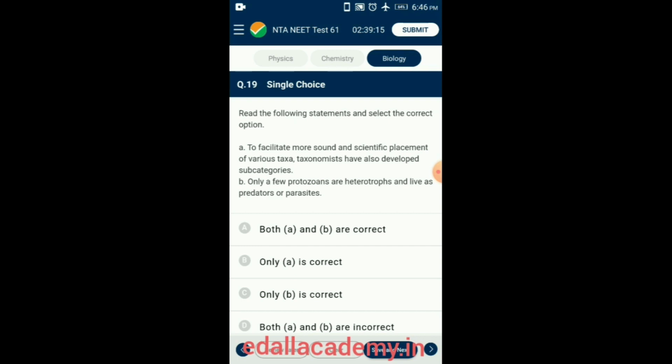They are called intermediate categories. For example, subkingdom, subphylum, superdivision, subdivision, superclass, subclass, suborder, superorder, superfamily, subfamily, tribe, subspecies, variety, etc.